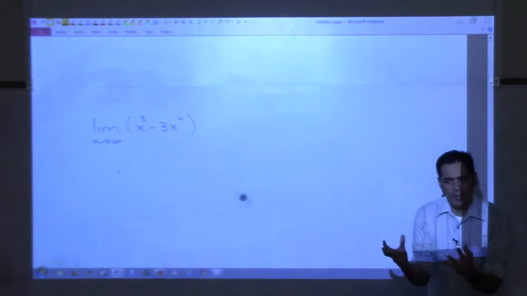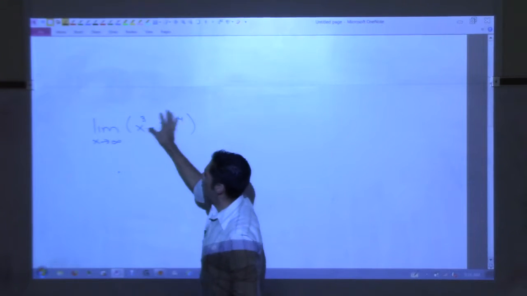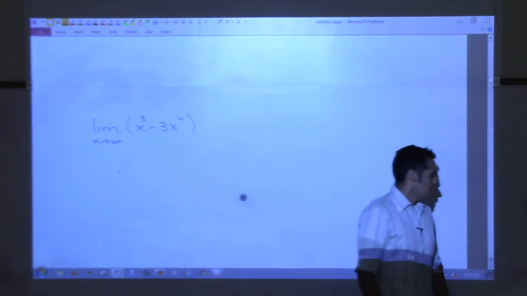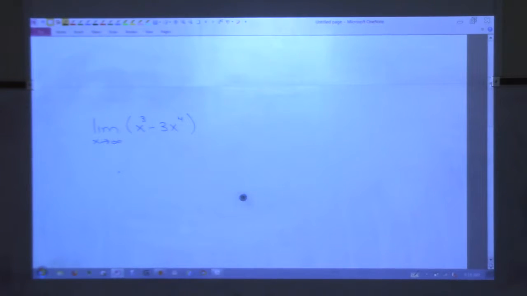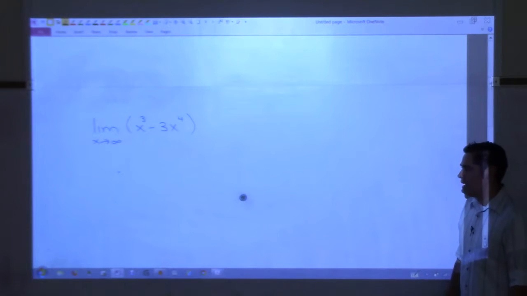I'm putting it in parentheses just so you know that the x is going to infinity on both of these. It's actually bad notation to leave the parentheses out.